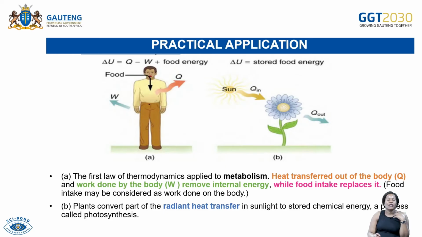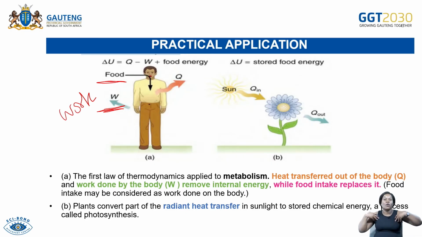So here's our practical application. We've got an individual who takes food in. This food is there so that we as individuals are able to function properly. We are able to have energy so that we are able to do work.